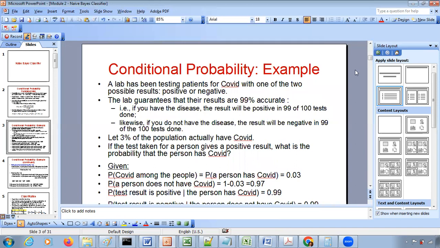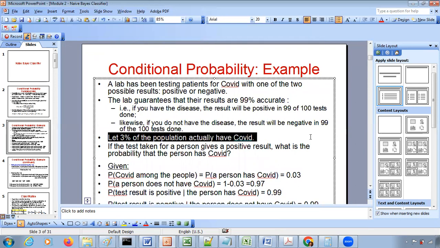And if you don't have the disease, the result will be negative in 99 of the 100 tests done. So if you don't have the disease, the result should come out as negative. If you have the disease, it should come out as positive. And let 3% of the population actually have COVID.